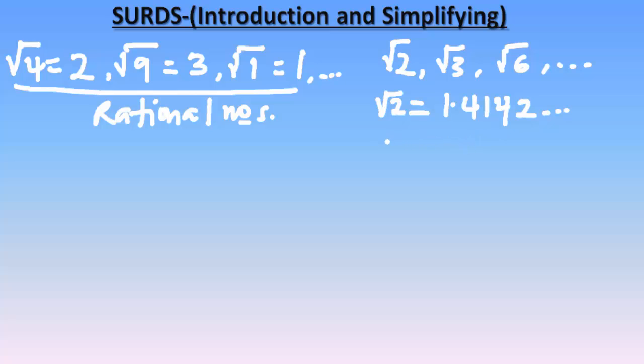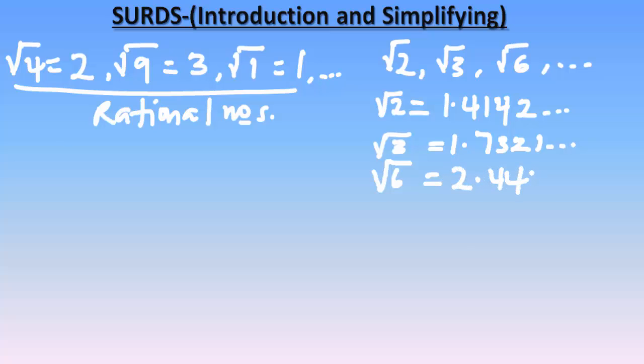Okay, so root of 3 you get 1.7321 and so on. Then root of 6 you get 2.4494. Okay, I'm just leaving them in 4 decimal places.